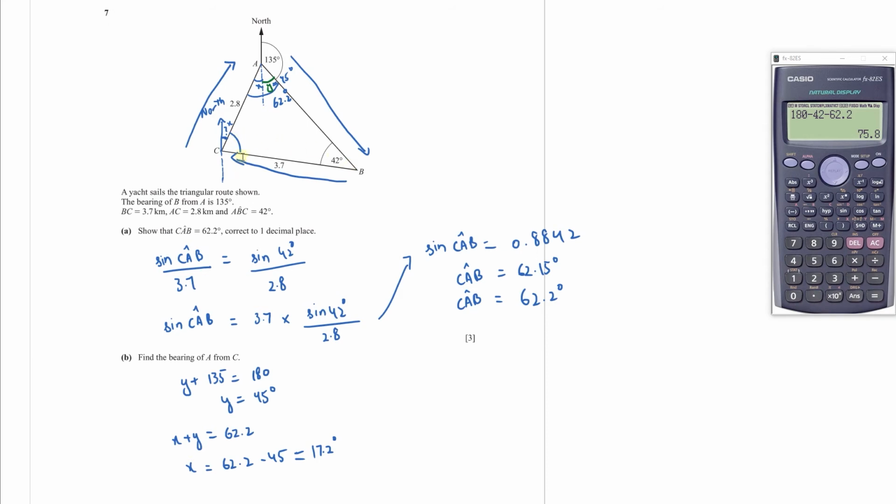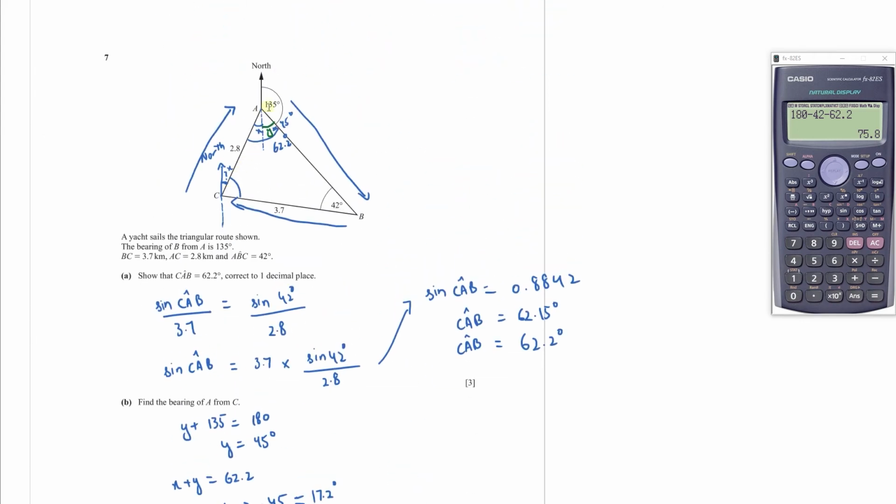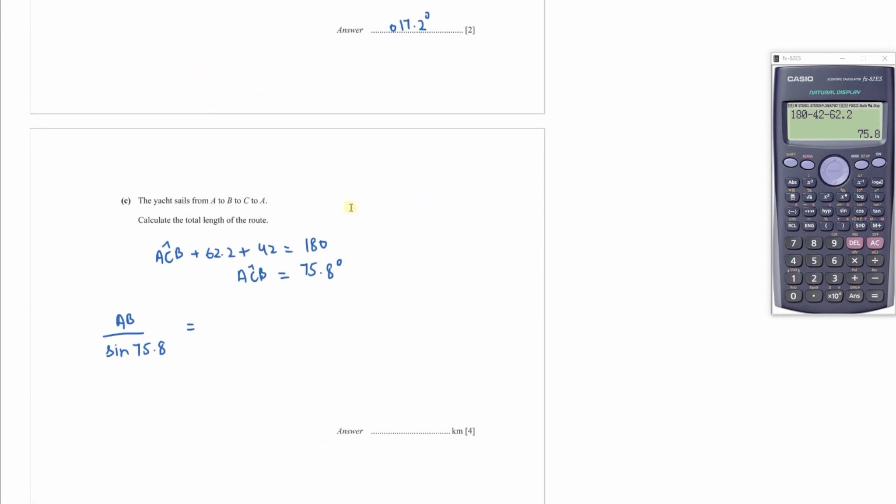So length AB over sine of the angle opposite, which is 75.8, equals this length AC, which is 2.8, over sine of the angle opposite this length, which is 42.